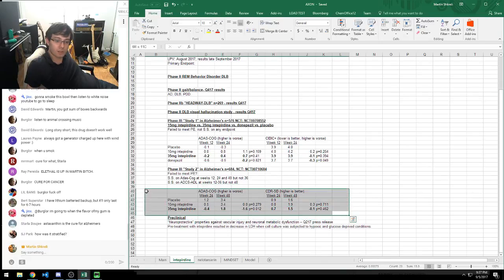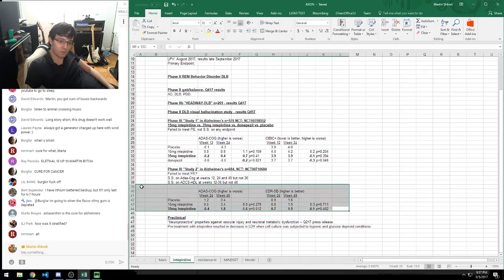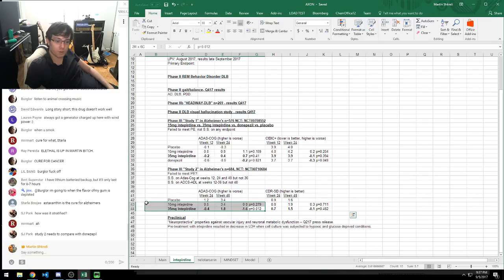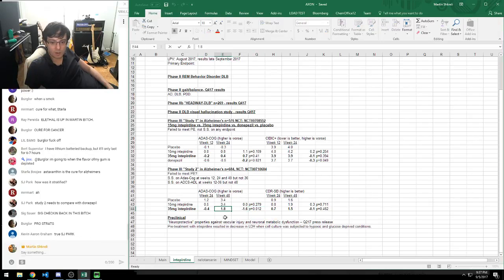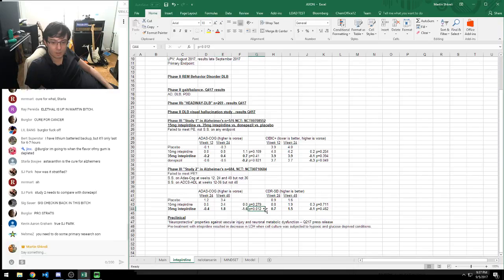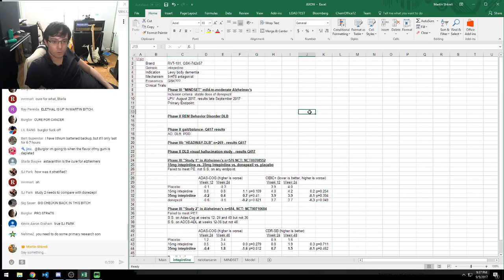I want to look at this as objectively as I can from a neutral perspective, pretending like I've never heard of this drug before. So, pretty weak efficacy, just 1 point or so better on ADAS-Cog, and the p-value of 0.01 is not too impressive. And then when you include study 1, you really get very worried about the results here.